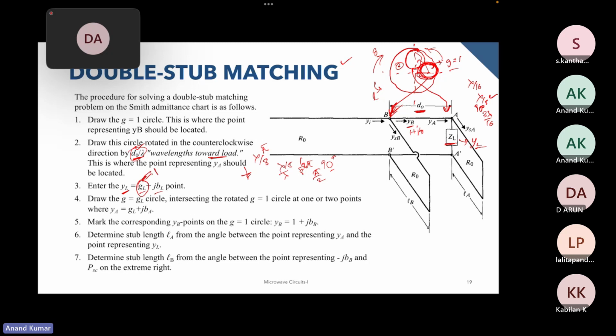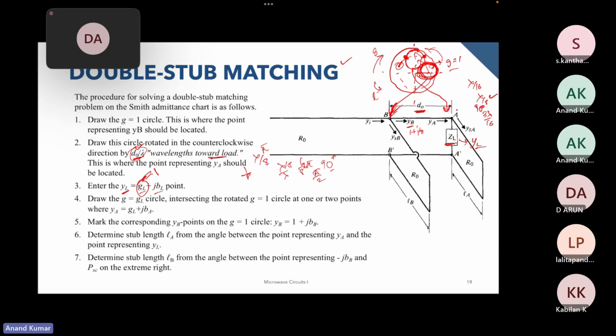So we take this YL point and move along the constant imaginary path, which is something like this. And wherever this intersects the circle over here, we choose those 2 points. So this will intersect at 2 points. These are the two values that we are getting over here.